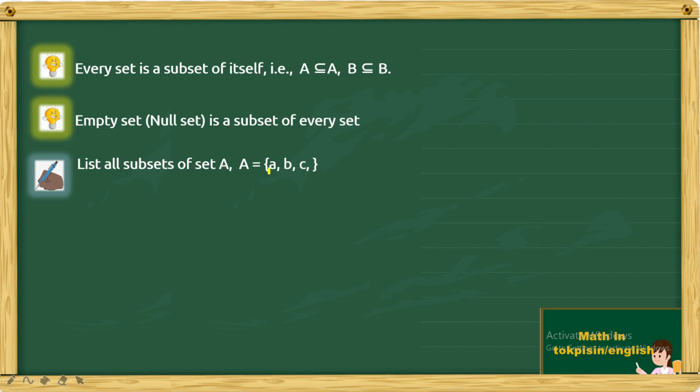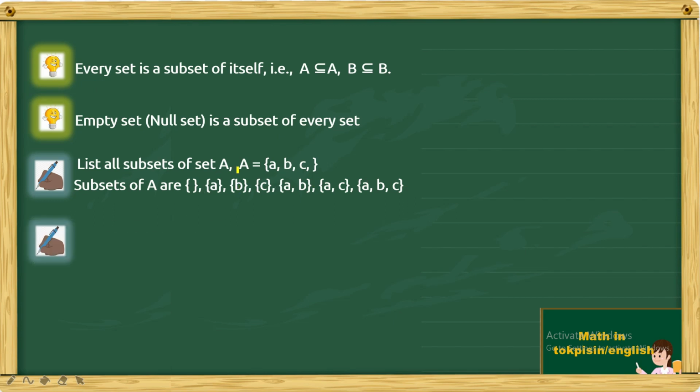So we have set A here with the elements A, B, C. All the subsets of set A will be, by definition, the null set is a subset of every set, so definitely the null set is a subset of A. Then the set having element A, the set having element B, the set having element C, the set having elements A and B, the set having elements A and C, the set having B and C, and set A itself, which contains the elements A, B, and C. So these are all subsets of set A.